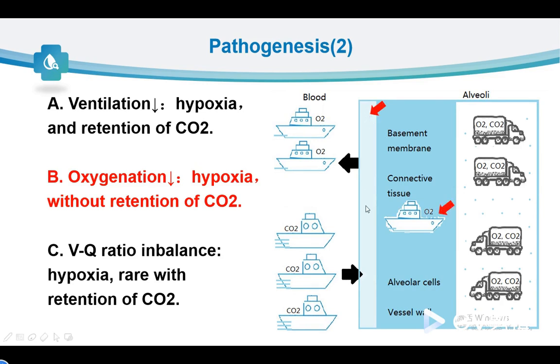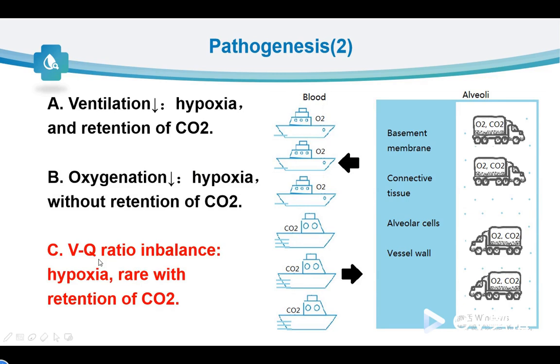In this condition, the same quantity of the carbon dioxide can be expelled out of the body because of its high diffusion rate, but less oxygen can enter the body during a certain time because of its low diffusion rate. So, in this condition, the patient usually has hypoxia, but without retention of the carbon dioxide.